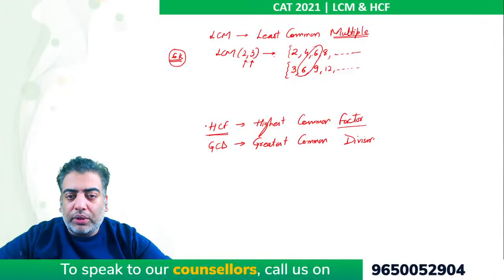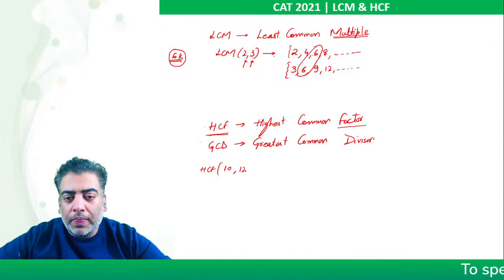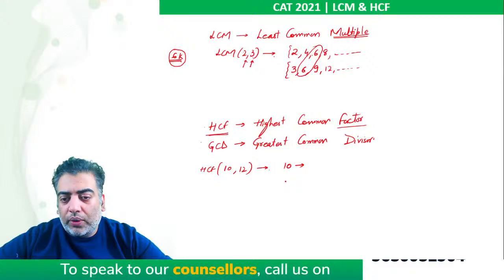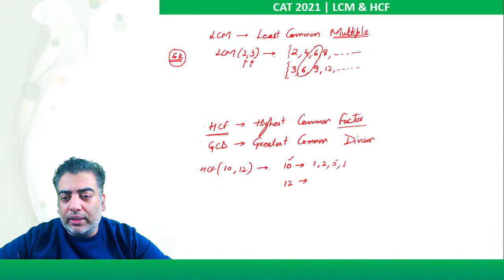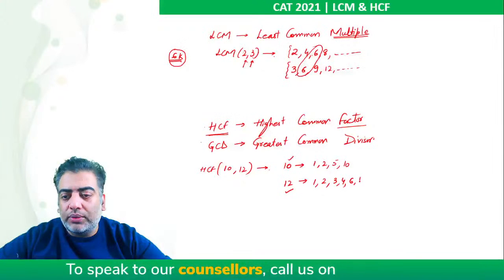So likewise, if we talk about HCF or GCD, let's say we have two numbers like 10 and 12, and we are required to find HCF of 10 and 12. Again, I know we all know the answers. But when it comes to finding the divisors of 10 and 12, we need to write down all the numbers which can divide 10. So the numbers are 1, 2, 5, and 10. Likewise, all the numbers that can divide 12 are 1, 2, 3, 4, 6, and 12.